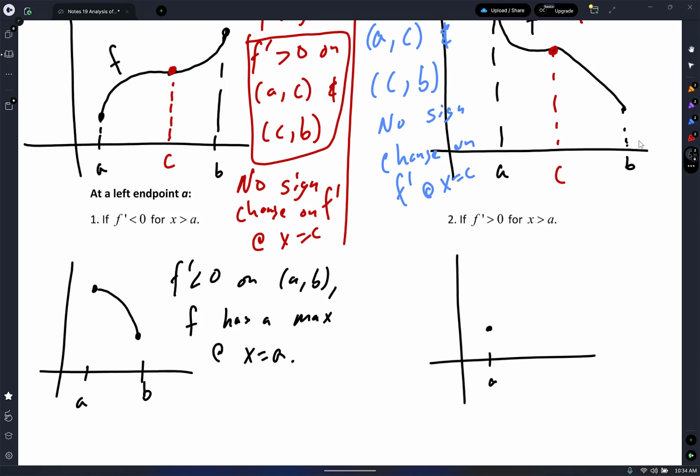Here I'm going to say that's A, and I start increasing right off the bat. Because I started increasing, I'm going to write f prime is positive on AB, and f has a min at x equals a.